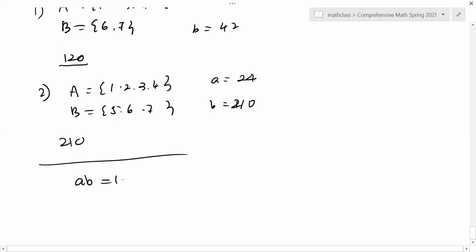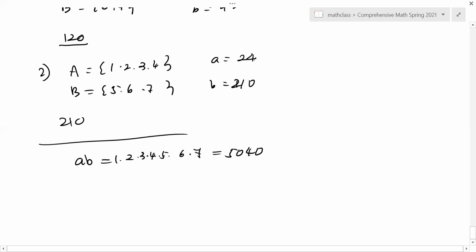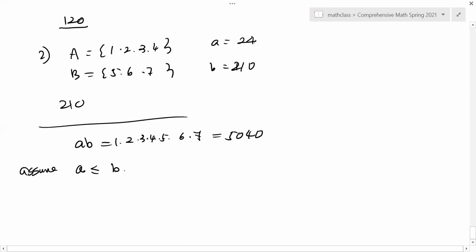So A times B is the product of all those numbers, which is 5,040. We can assume that A is less than B.